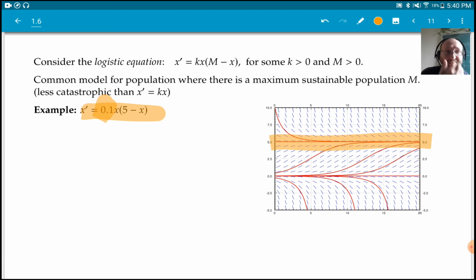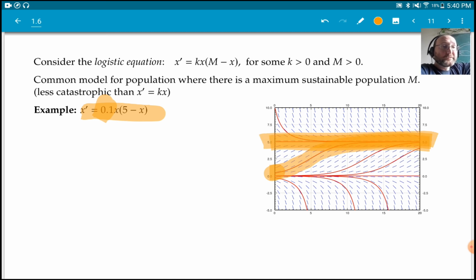But if you start over here, the population grows and then approaches 5, because that's the maximum sustainable population. Maybe the maximum population in a fish pond: you cannot have more than some number of fish in the fish pond, otherwise it gets too crowded and you don't have enough food. So that's what this 5 would represent.